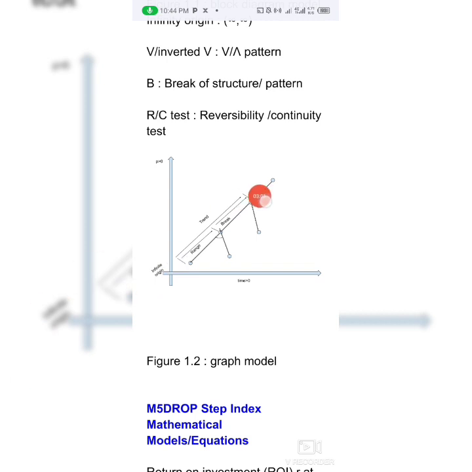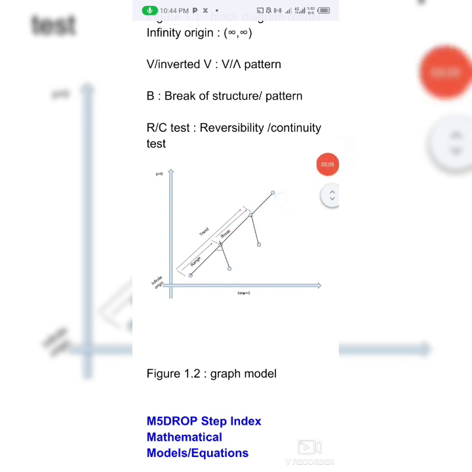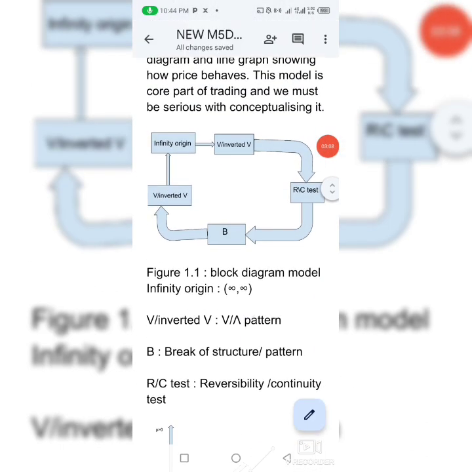This is the graphical model, and we also have the block model. This is an infinity origin. This is V or inverted V. The signal from V or inverted V is fed into the RC test. If it proves to be continuous, then it has to go into the breaking mode.